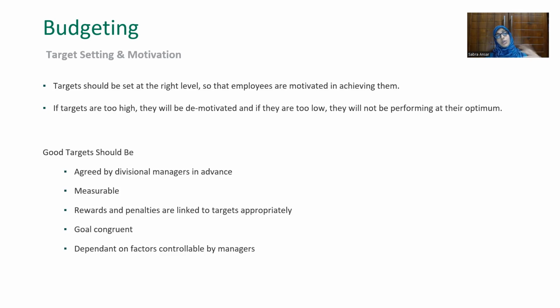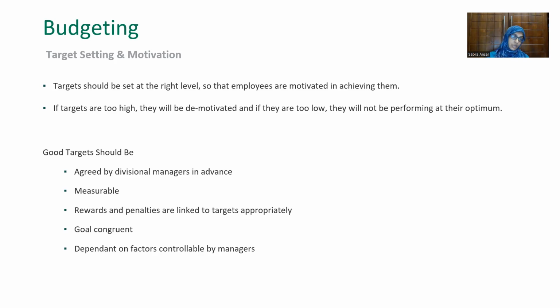However, we're trying to understand what a good target is, right? When this target is generally agreed by divisional managers in advance, then it would be a good target, because the divisional manager would obviously know what is really needed, what is achievable, okay?